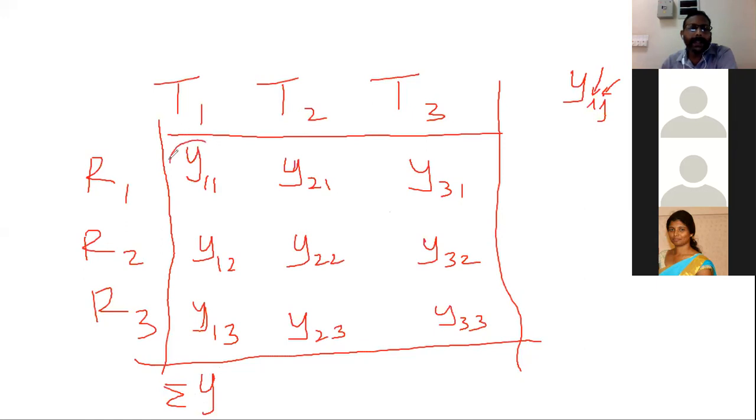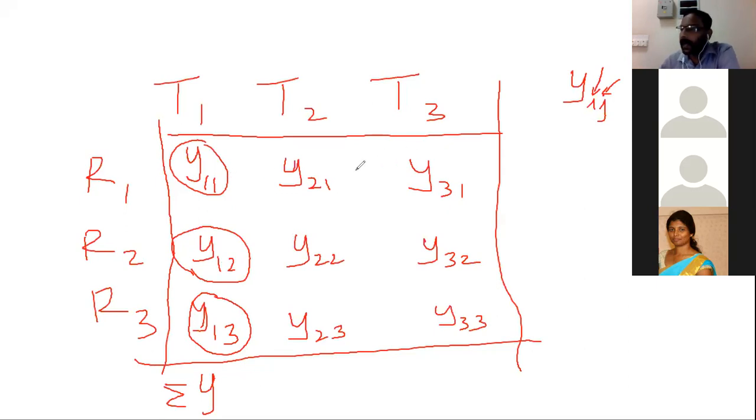I'm going to add this plus this plus this. What is the difference there? What is constant there among these I and J? What is different? What is same?